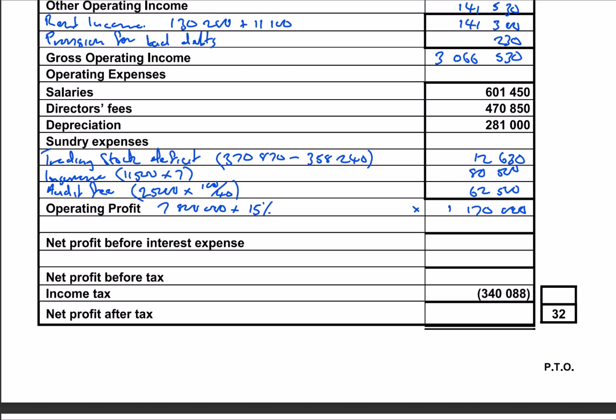So operating expenses will be 1,170,000 minus gross operating income of 3,066,530. So we'll have here 1,896,530.